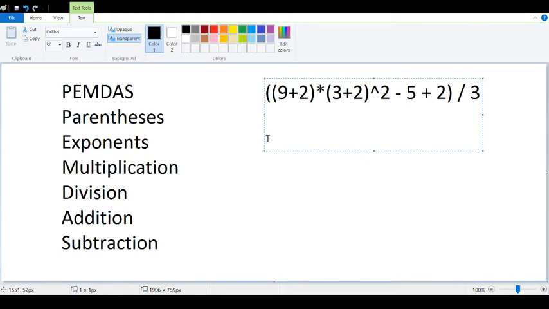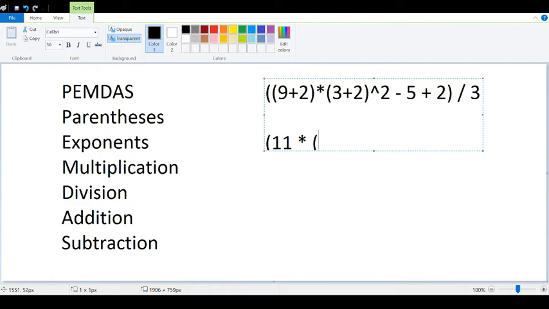All right. So parentheses. I have to do everything in parentheses. Within those parentheses, there's other stuff in parentheses. That 9 plus 2, for example, is in parentheses. Well, what is 9 plus 2? 9 plus 2 is, of course, 11. And then we're supposed to take that and multiply it times 3 plus 2 to the second power. But 3 plus 2 is in parentheses.